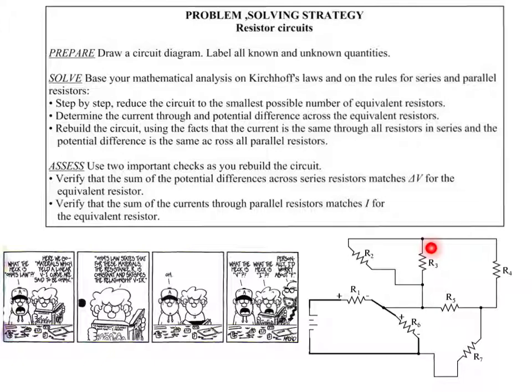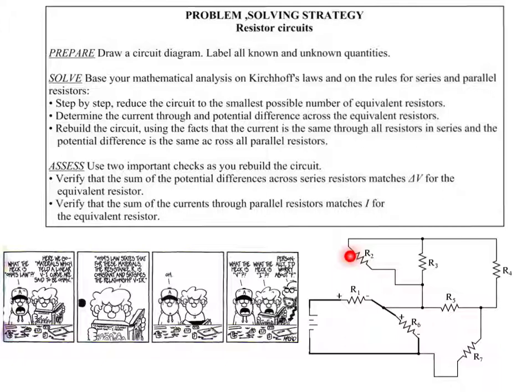Then we're going to analyze that circuit based on Kirchhoff's laws and the rules for series and parallel resistors. Step by step, we want to reduce the circuit to the smallest possible number of equivalent resistors. That's going to involve taking the circuit section by section, adding together resistors that are in series, and using the parallel rule for resistors that are in parallel.